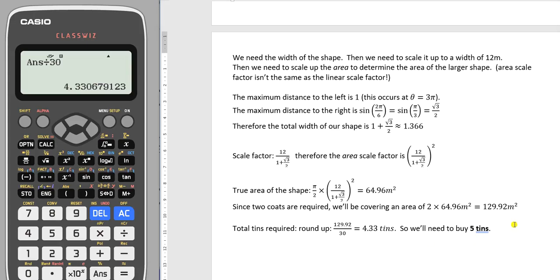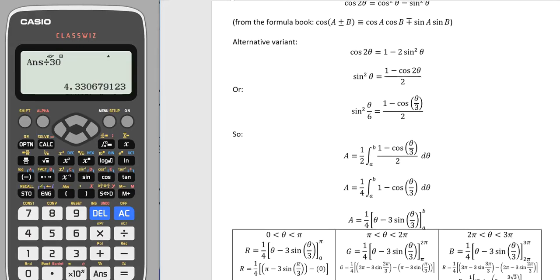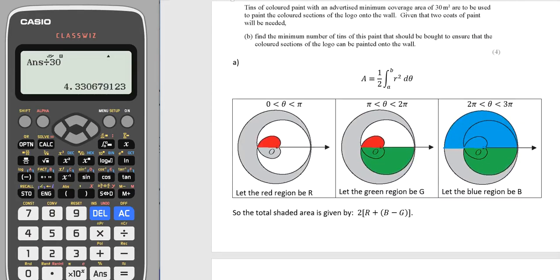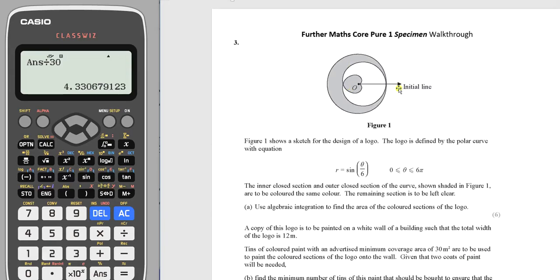And now finally, we can do another little sense check there. The details you might miss in terms of extra coats of paint, that's something you'll need to read through the question to find. Our overall answer for the area that came out as about 60, we can check again. If we were told that the width was actually 12 meters, that makes for a radius of 6 meters.